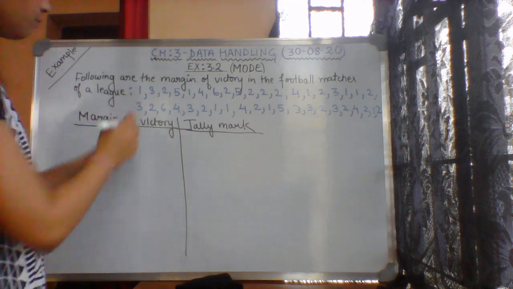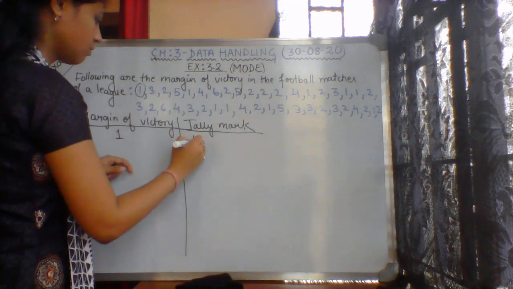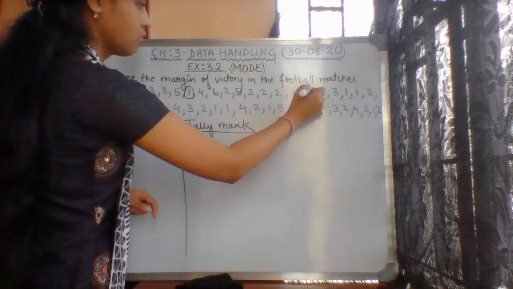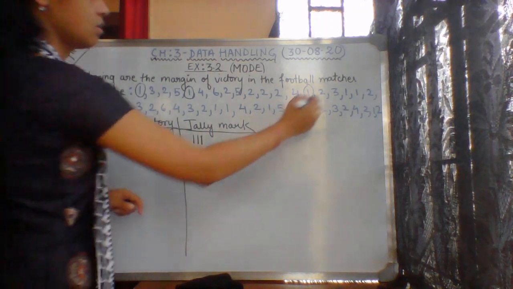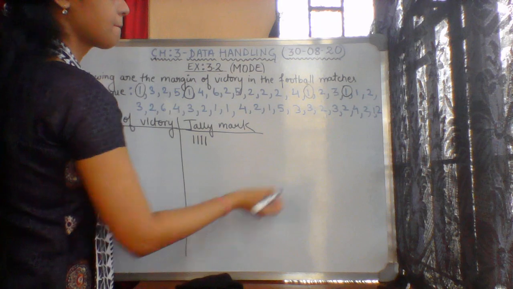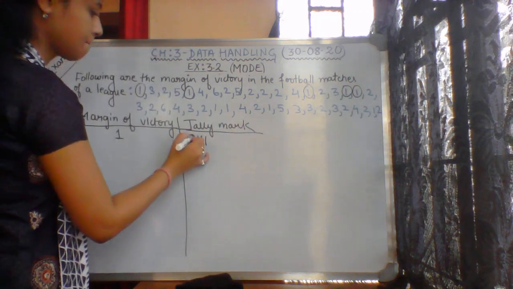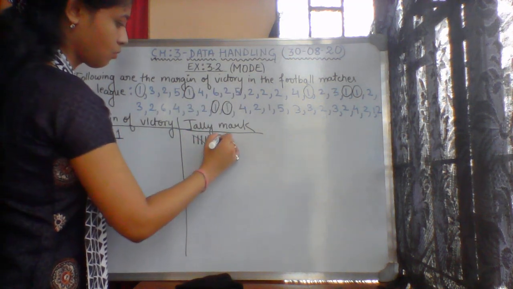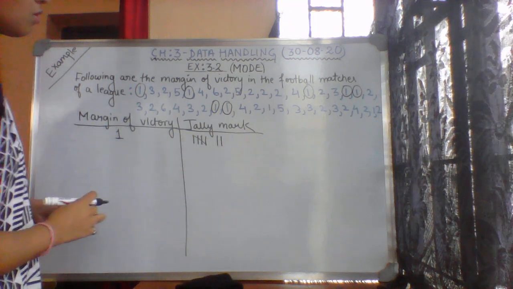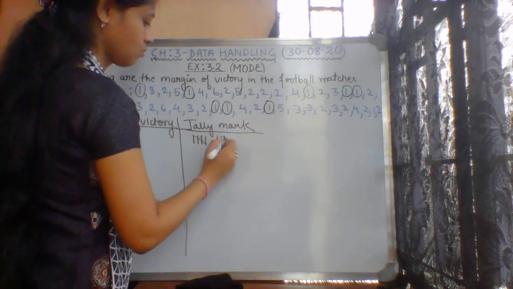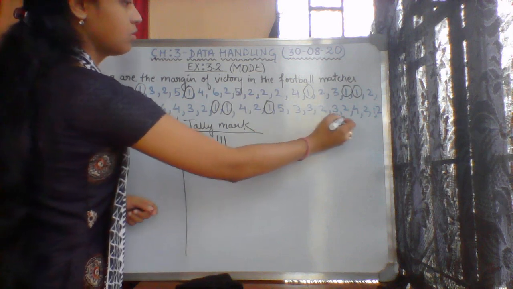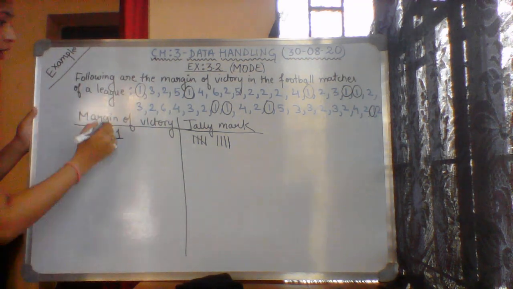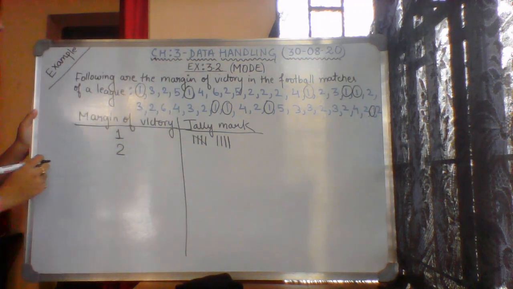So 1 is occurring 1, 2, this one, this one, okay, this one. So up to this only. Okay, now 2. Margin of victory 2.